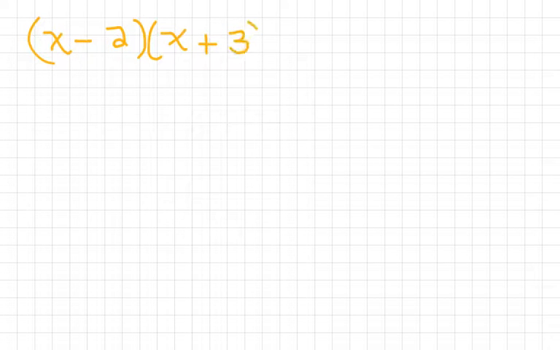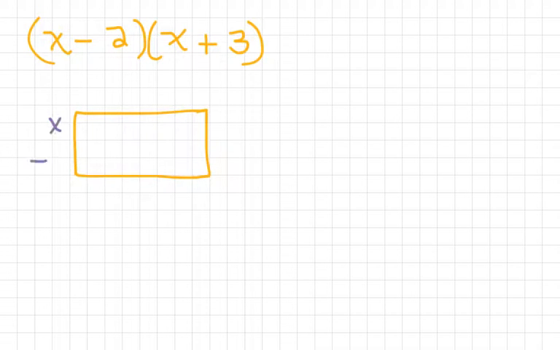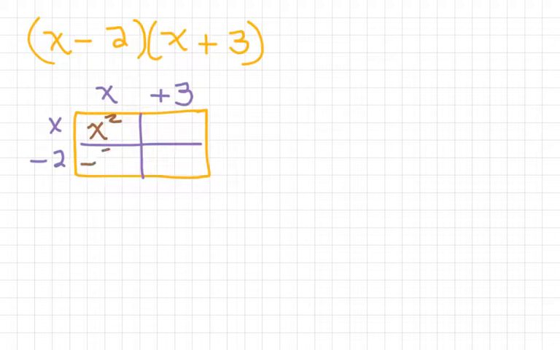And again, I'm going to draw using an area model. I'm going to use x minus 2 and x plus 3. Finding the area of each side, I've got x squared, I've got minus 2x, because minus 2 times x is minus 2x. X times 3 is 3x.